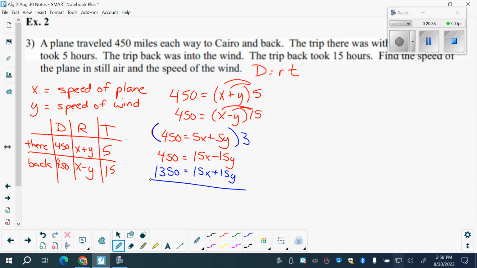You're just working on it on your own. I love that. Can somebody tell me what we do next? Sean, do you know what to do? Yes, that's right. Add them. So we get 1800 is 30x, and the y's cancel. Divide by 30.